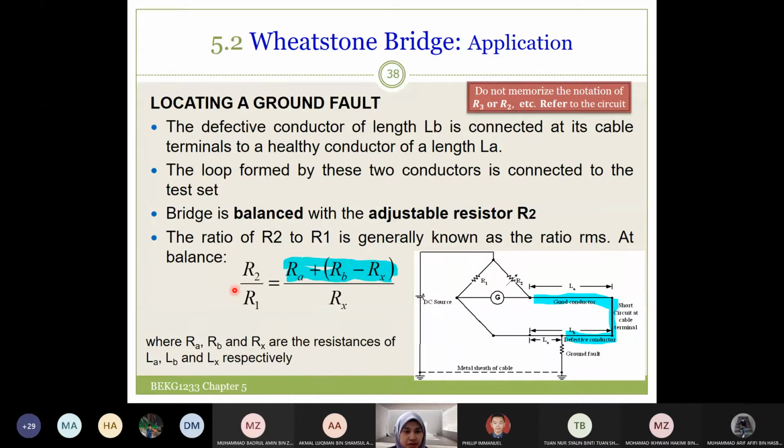So RA, RB, and RX are the resistances of LA, LB, and LX respectively. Maybe the question gives the value in terms of length, L, so we can use that length.